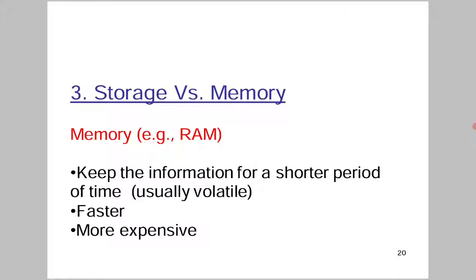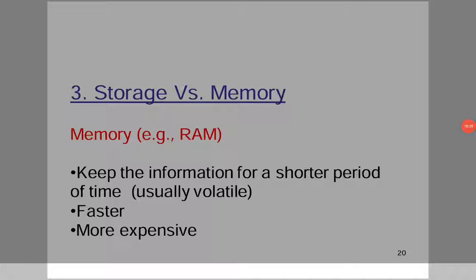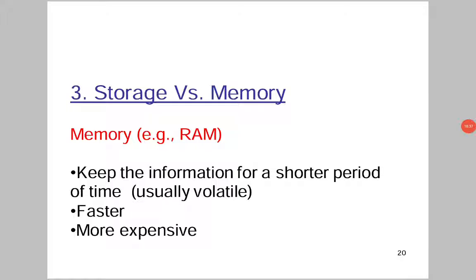So what is the difference between storage and memory units? What are the differences between storage devices and memory units? Generally, memory keeps the information for a shorter period of time, and is usually volatile, meaning only until power is supplied.